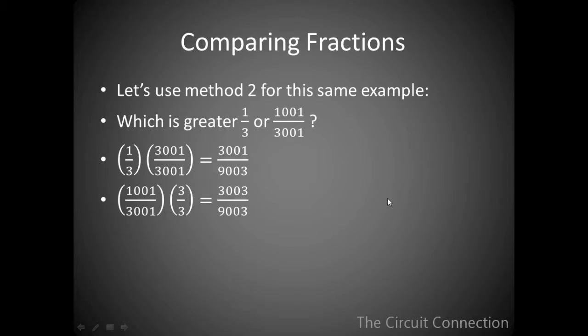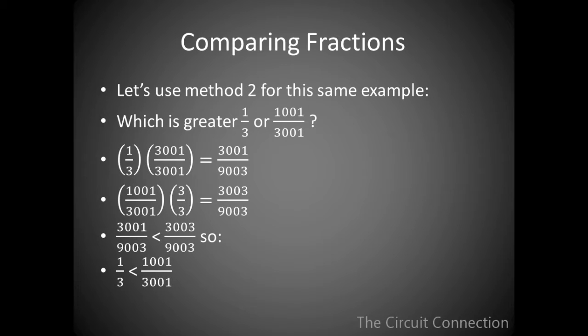And when we convert 1001 over 3001 to have a denominator of 9,003, that gives us 3003 over 9,003. Therefore 3001 over 9,003 is less than 3003 over 9,003 by numerator comparison. So that means that 1 over 3 is less than 1001 over 3001.